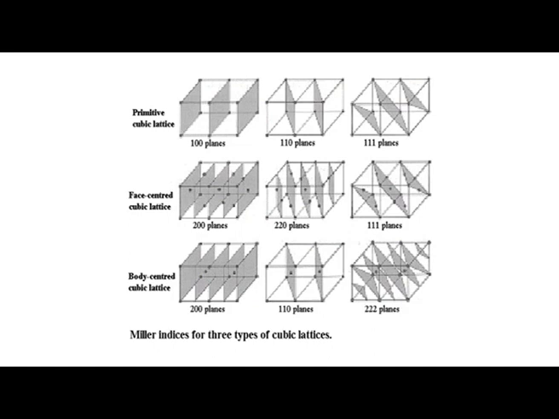Another possibility is to have diagonal planes, which we have designated in the figure as 1 1 0 planes. In addition, one can always think of planes such as 1 1 1 planes.